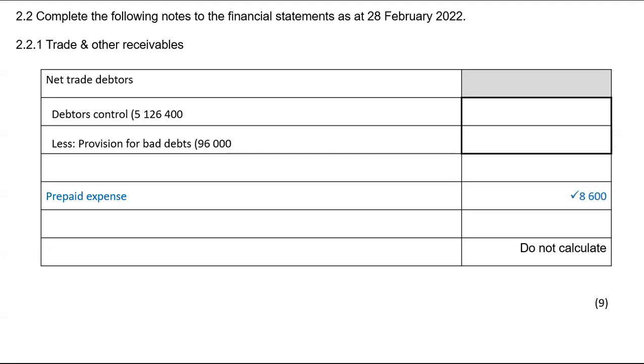And the amount will be 8,600. Done with the first adjustment. Let's go to the second one.